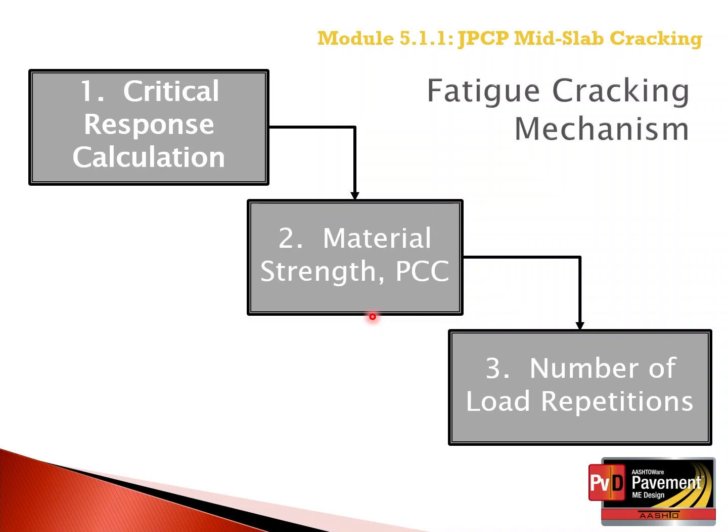Sections of this module that follow will define and explain the critical response calculation for jointed plain concrete pavements, the PCC material strength, and the allowable number of load repetitions in predicting the fatigue cracking or percent cracked slabs of jointed plain concrete pavements.